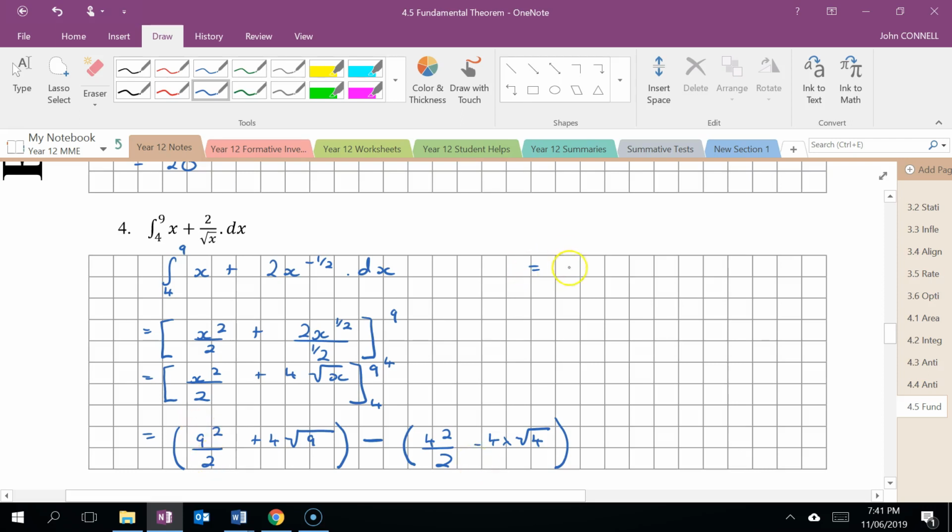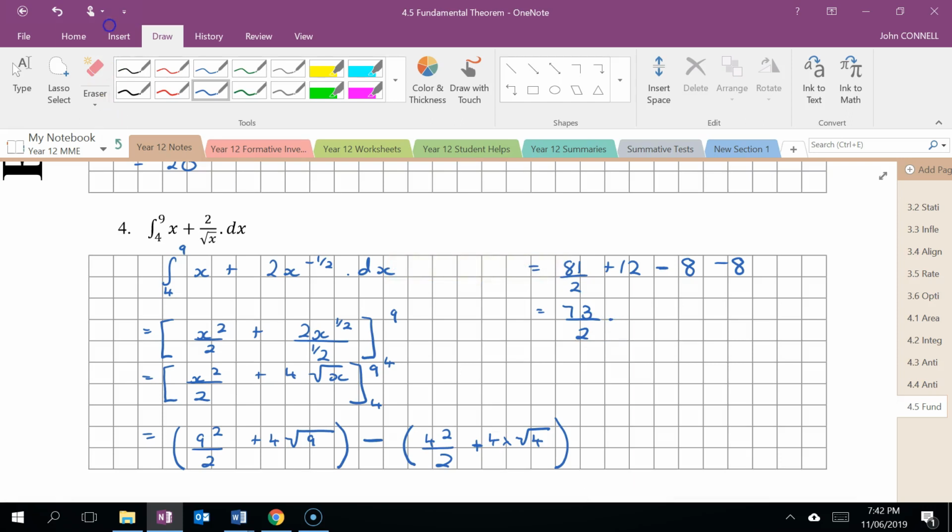So 81 on 2, plus 4 by 3 is 12, then take 4 squared is 16 on 2 is 8, and 4 by 2 is 8, so take 8 here. And if I work all that out, it equals 73 on 2.